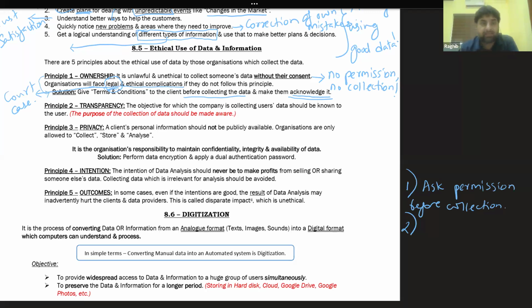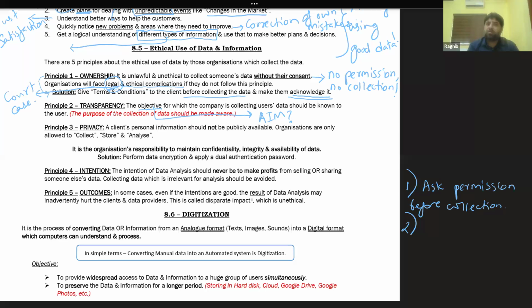The objective, as the name says, the objective for which the company is collecting users' data should be known to the user. So, what is the objective? What is the aim? Why are you taking it?